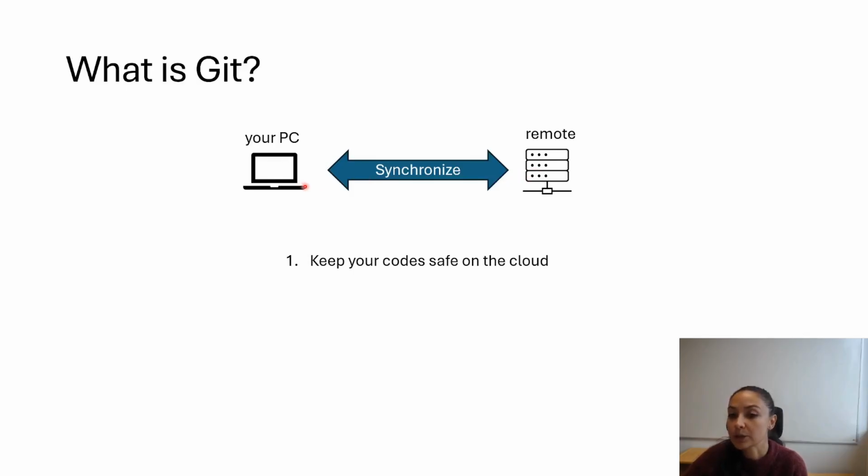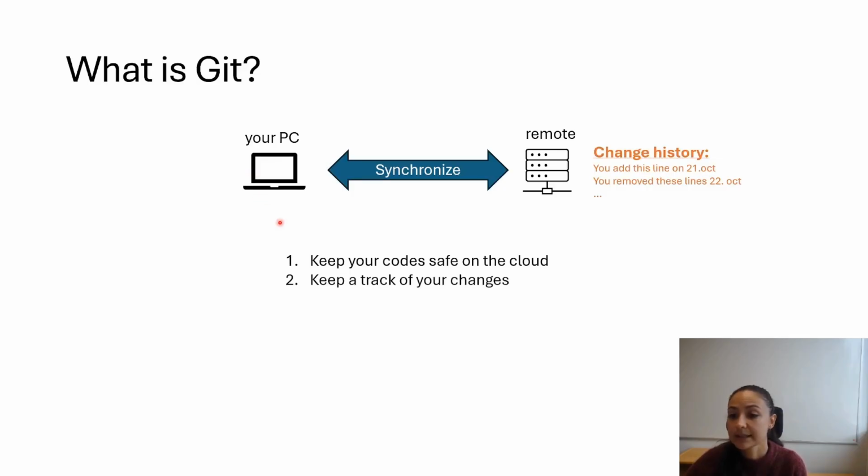You might be using OneDrive, you might be using Dropbox, but they are very limited compared to what Git offers you. The first reason is when you want to have your code that is on your PC safe somewhere remote or on the cloud, in case something happens to the hardware of your PC.